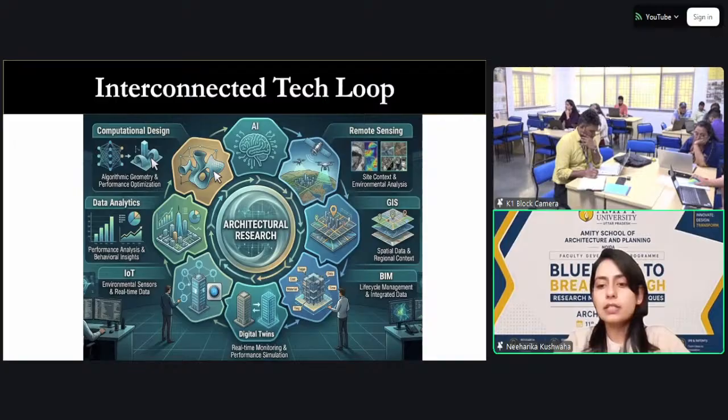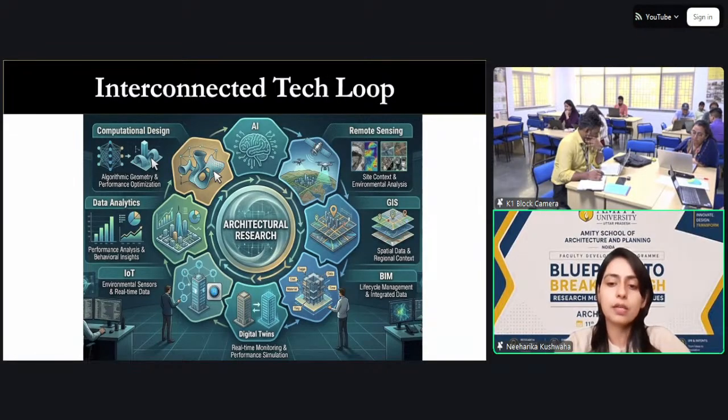Spatial datasets and regional context are given by GIS. You already have BIM that can help you develop lifecycle management and integrated data. For data analytics, you have n number of software working with performance analysis. And specific to the architecture field is computational design, where you can give algorithmic geometry and performance optimization.